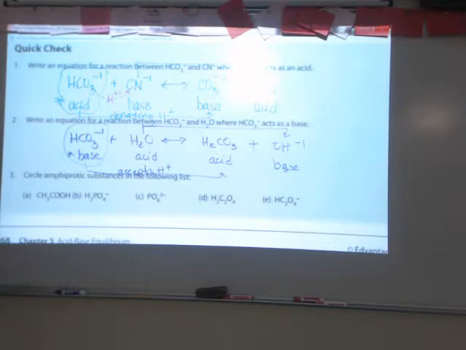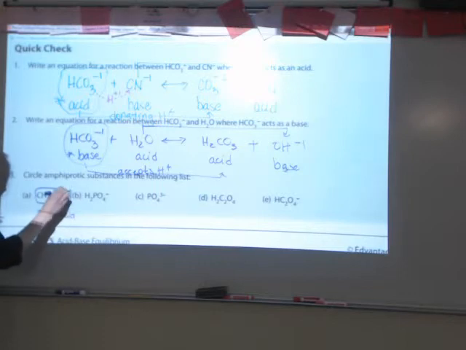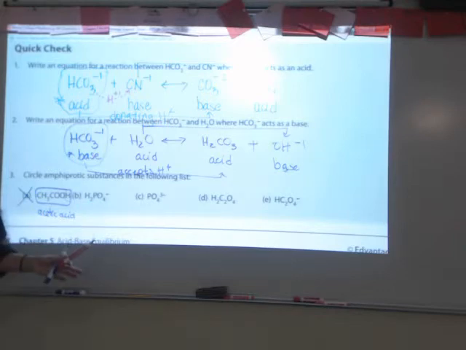Okay? So if I'm looking at number 3 and it says circle amphiprotic substances in the following list, well, this right here is acetic acid. It has a hydrogen ion that it could donate, but it can't accept something, and this is not an anion. So this is out. Okay? B, H2PO4 -1, it's an anion.